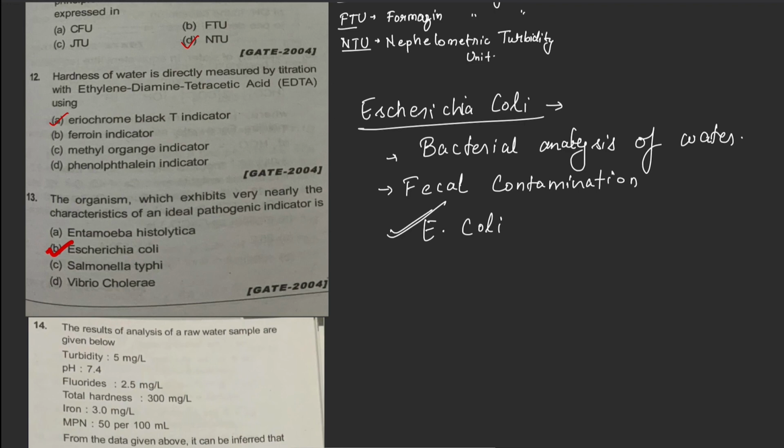So E. coli itself is harmless, but its presence may indicate serious contamination of the water. So it is the ideal pathogenic indicator to check whether there can be other pathogens in water or not. So the option is option B.